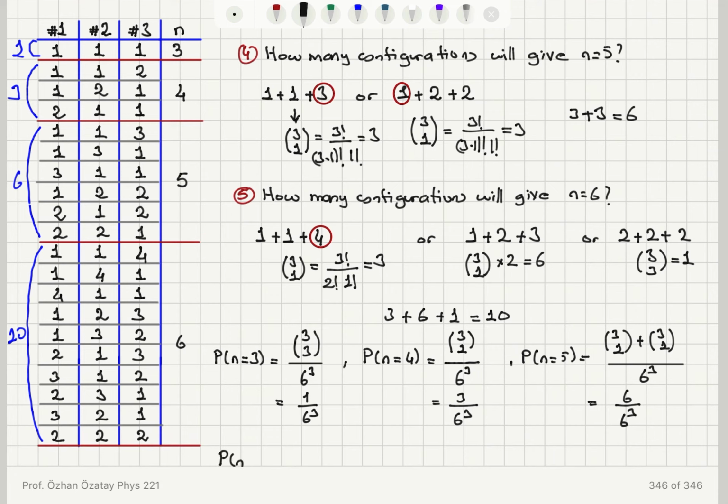And for n equals 6 we have the 1, 1, 4 scenario, which is 3 objects taken one at a time, the 1, 2, 3 scenario, which is 3 objects taken one at a time times 2, because we have 2 alternating other 2 dice, and then we have 3 objects taken 3 at a time to assign to them 2, divided by the total number of possibilities, which is 6 to the power 3. So that gives us 10 divided by 6 to the power 3.